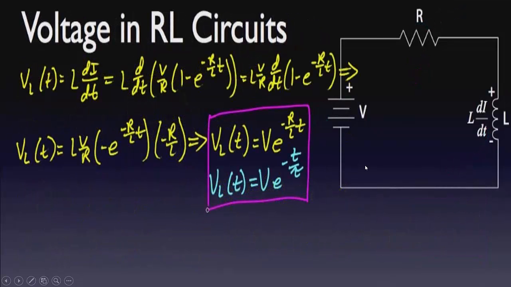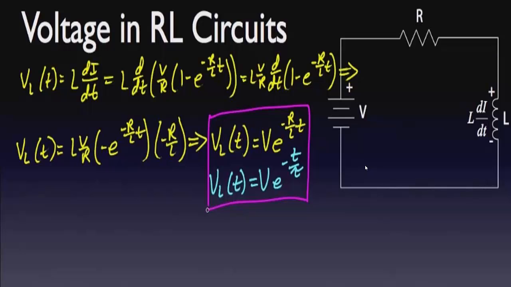Alright, so next up we have to find the voltage in an RL circuit. First we set up the formula: the voltage as a function of time is equal to L di/dt, the change in the current, where L is the inductor.